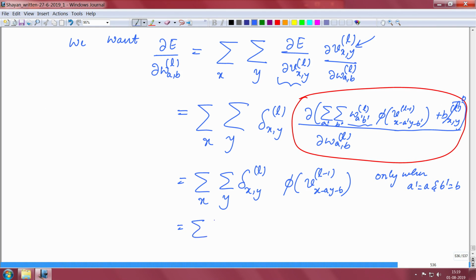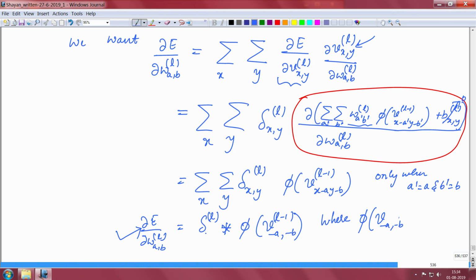This can be compactly written as a convolution between the local gradient at the Lth layer and the activation function at the L minus 1th layer, where phi of v minus a comma minus b at L minus 1th layer is given by phi of the rotate 180 degree operator operating on v of a comma b at the L minus 1th layer.